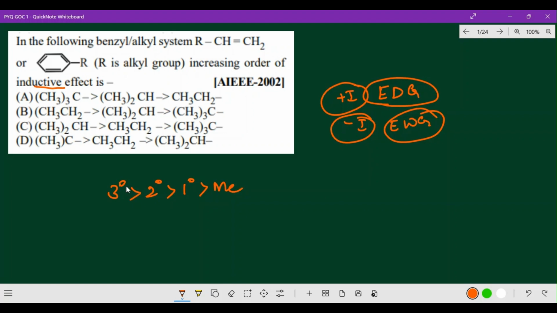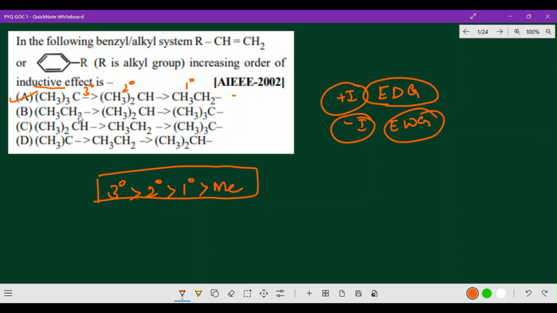Which is the correct option? The first one, (CH3)3C is greater than (CH3)2CH, greater than CH3CH2. That means tertiary, then secondary, then primary, then methyl. So option A is the correct option.